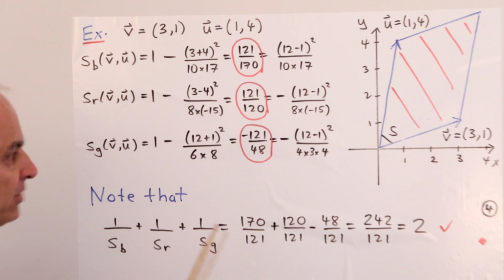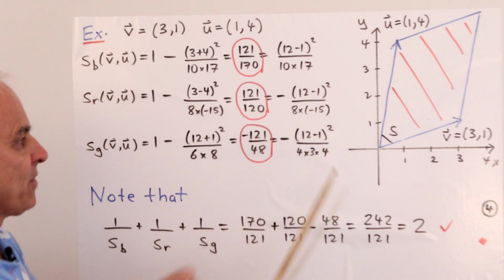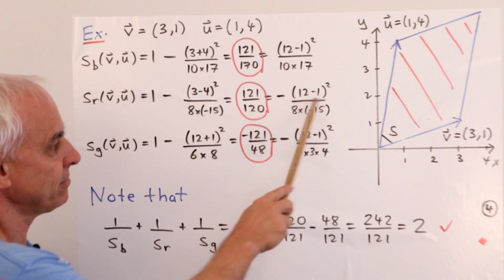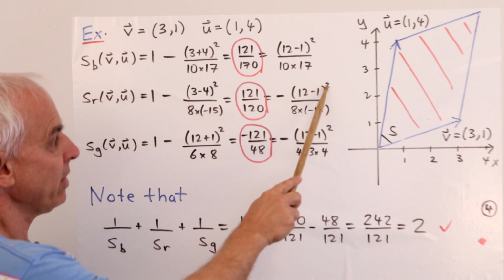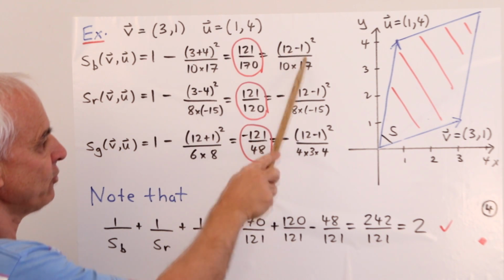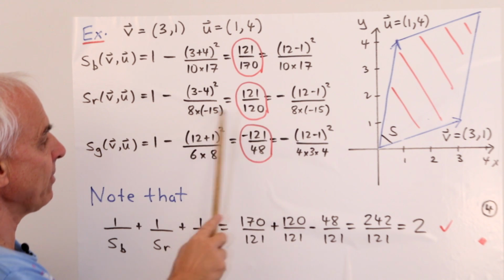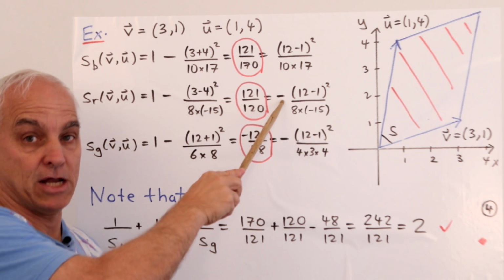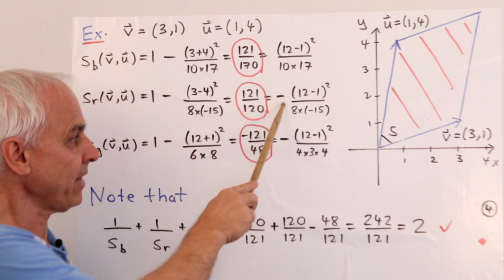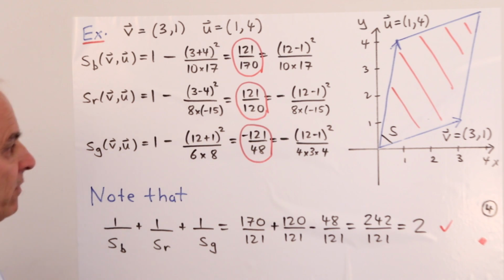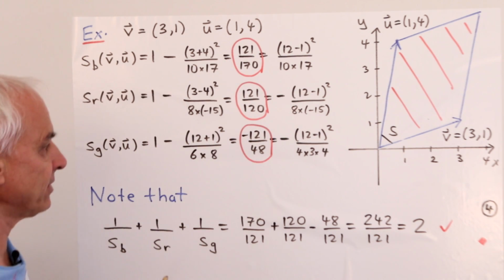And let's compare that to the other expression for it, which had a determinant squared. Again, the same determinant, (12 minus 1) all squared, divided by the product of the quadrances, same as over here, but also with a minus sign. And that turns out also to be 121 over 120, so we have agreement.